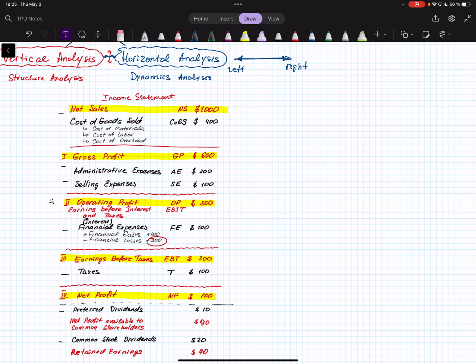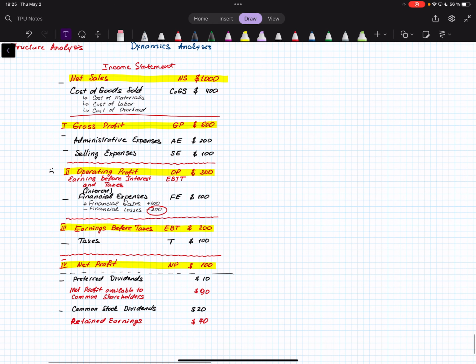In the same way, let's look at the income statement as a structure. So we have net sales, cost of goods sold, gross profit, selling expenses, administrative expenses, operating profit, and so on and so forth, down to retained earnings. Okay?